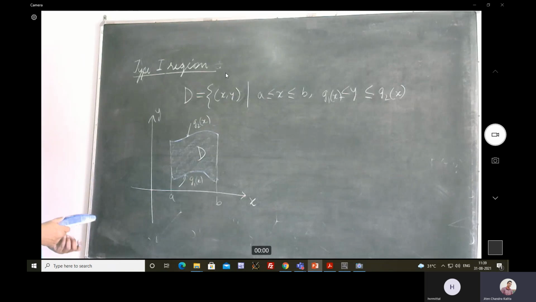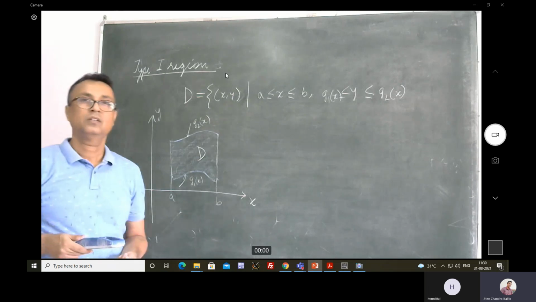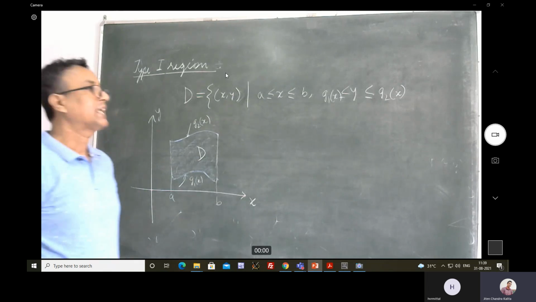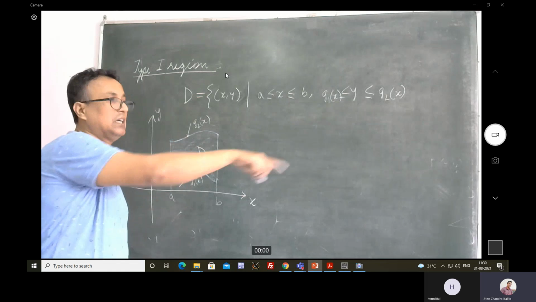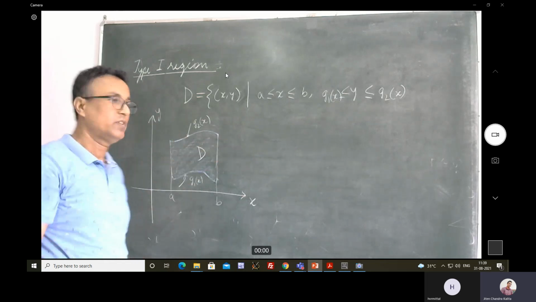So this kind of domain is called a type 1 region. Okay, and I'm going to show you pictures of more type 1 regions.